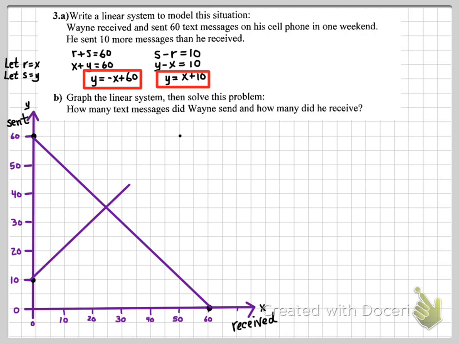That's that point there. Now I can draw my line through, and my point of intersection is when x is 25, y is 35. Part B asks, how many text messages did Wayne send and how many did he receive? Well, we can see that he sent 35 and he received 25.